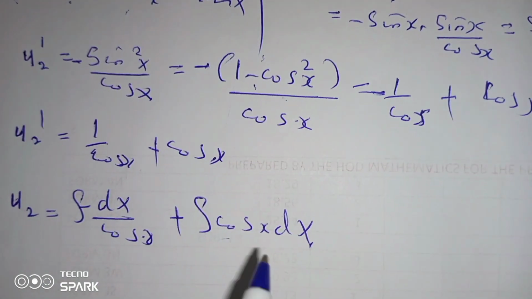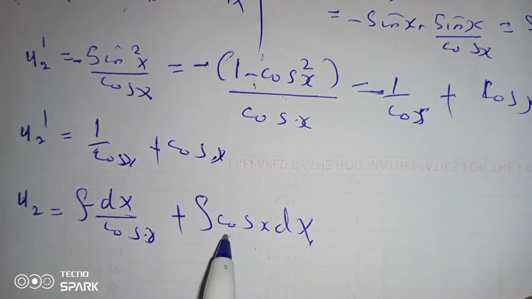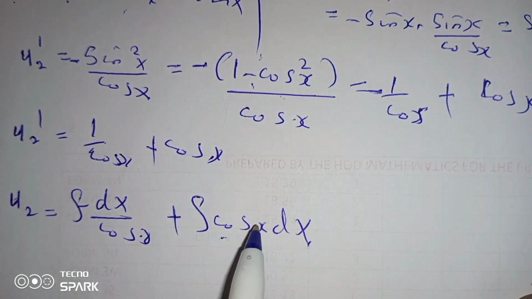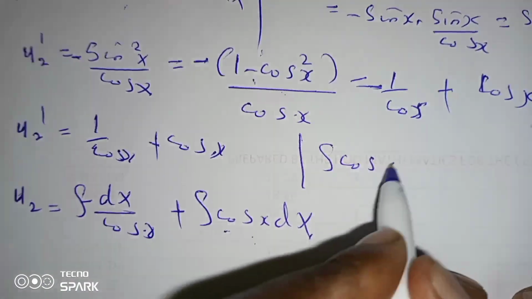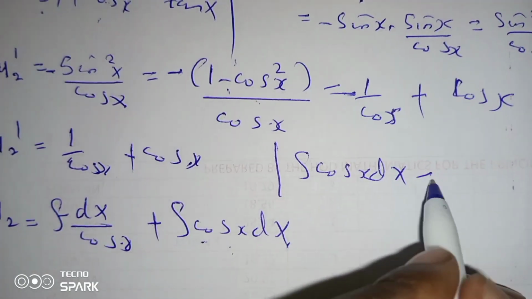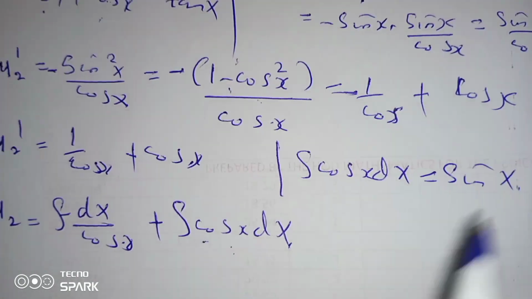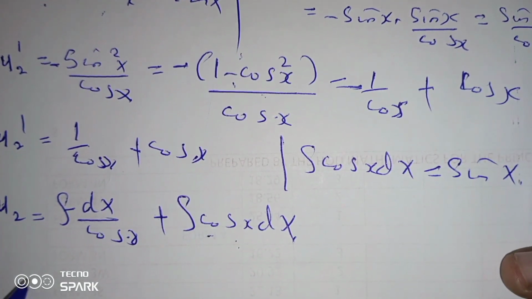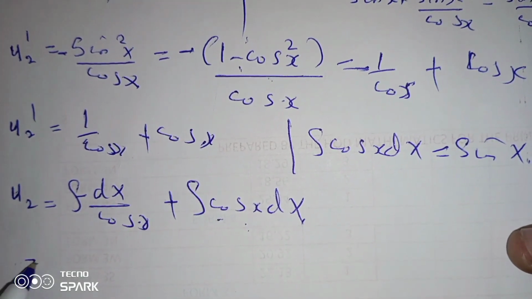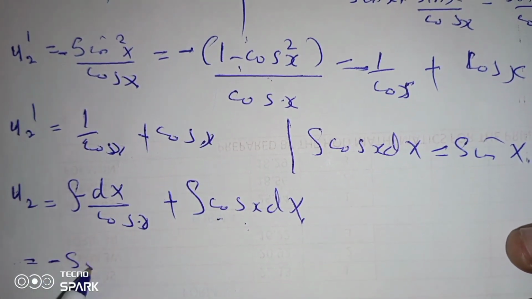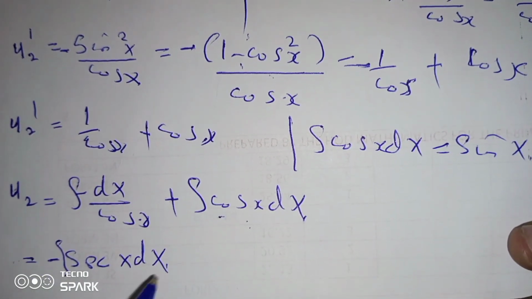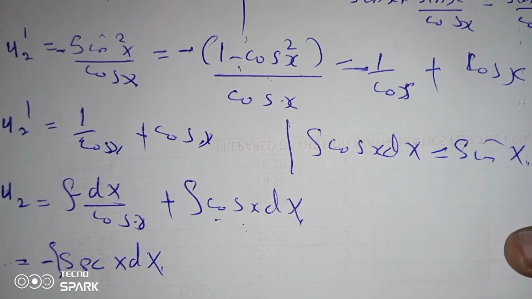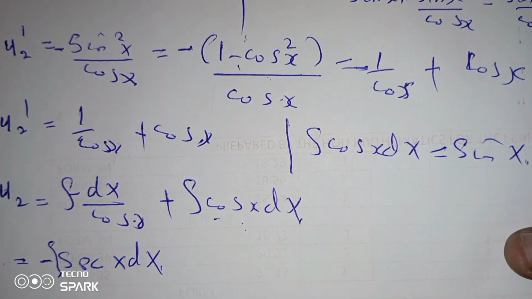Now when you integrate cos of x dx, that one will give you sine of x. Now from here, we are going to write this as negative sec of x integral dx. That is what we are going to write.